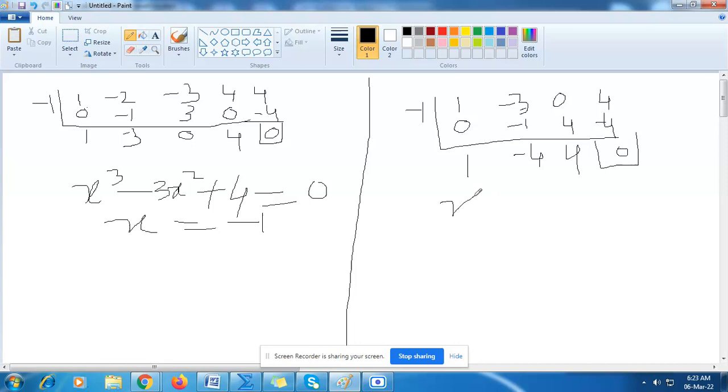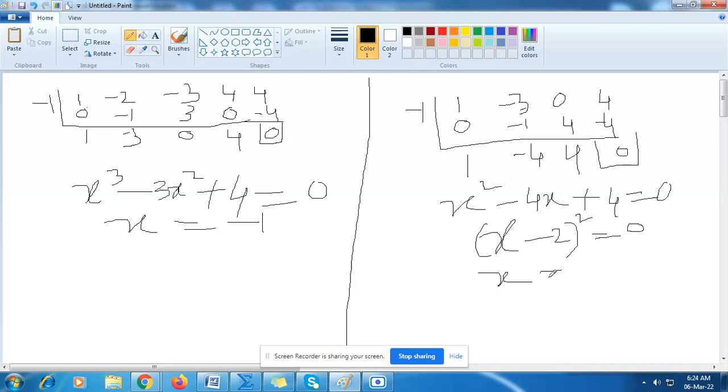So the cubic is reduced to a quadratic: x square minus 4x plus 4 is equal to 0. This can be written as x minus 2 whole square is equal to 0. x is equal to 2, 2.